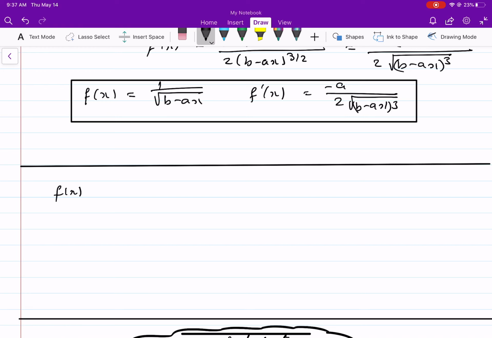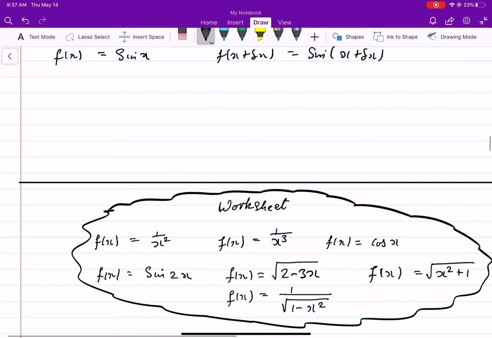We know that f of x is equal to sine x. So therefore, f of x plus delta x is equal to the sine of x plus delta x, like so.